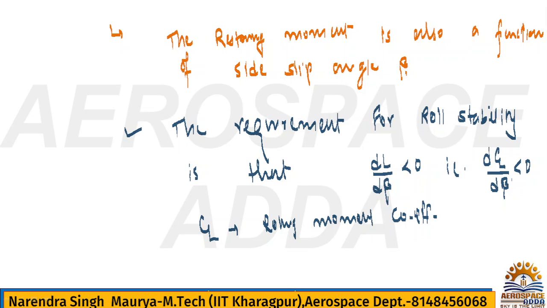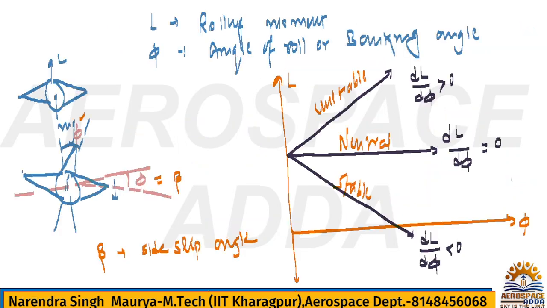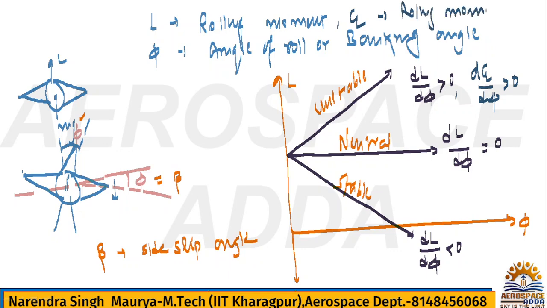That will also be correct. There should not be any confusion. Like here also you can write dCl by d phi greater than 0. If I am writing Cl, don't think this is the lift coefficient, because this L is the rolling moment, so Cl is nothing but rolling moment coefficient.